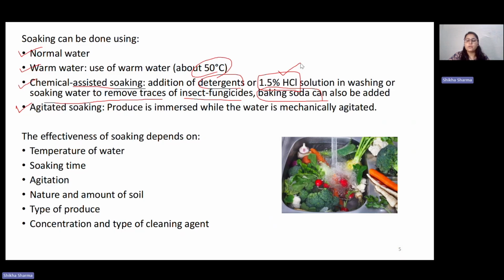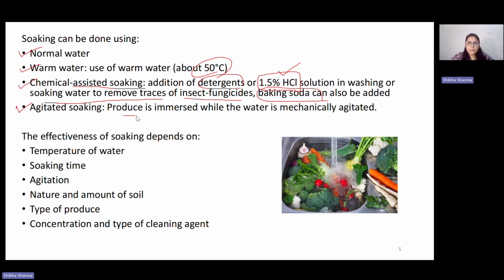Sometimes at the home level we use citric acid: we squeeze half a lemon into the soaking water so that the chemicals, preservatives or pesticides can be removed from the surface of these fruits and vegetables.